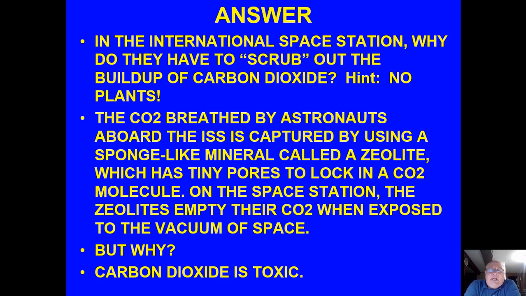Yeah, right. In the ISS, they have a sponge-like material called zeolites. They have tiny pores and they basically lock in the CO2 molecule. Then on the space station, the zeolites empty their CO2 when they're exposed to the vacuum of space.